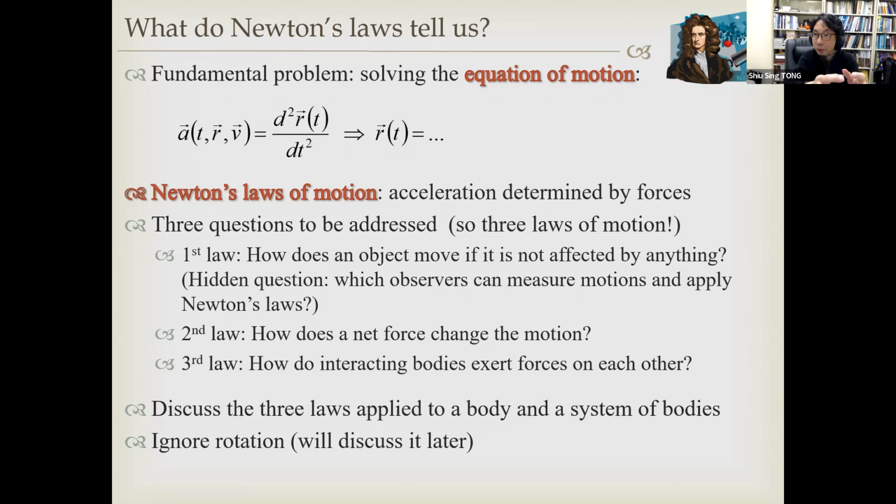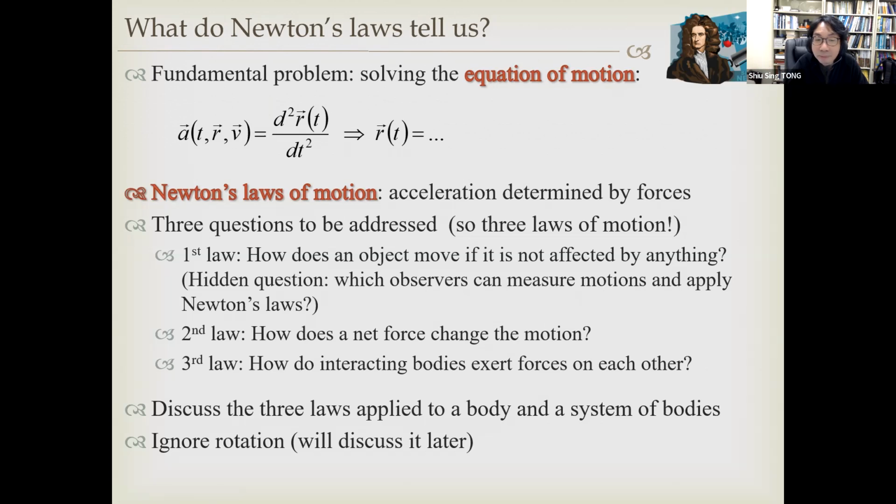For example, you measure the motion of a cat relative to you, who are at rest in the room, right? So your reference is a person at rest in the room. So you need a reference. Which observers are legitimate to make such measurements and apply the law of motion to describe the motion of the cat?